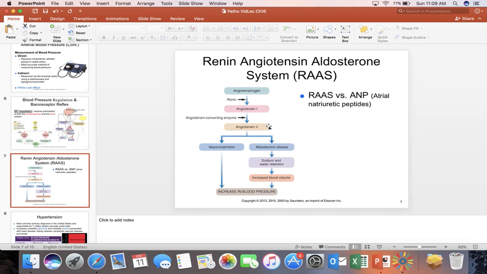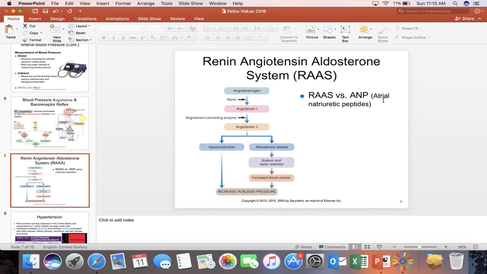The second function of angiotensin 2 is to release aldosterone. Aldosterone, as you know, would then cause a reabsorption of sodium back into our vasculature, and with sodium, water will then come along, and that increases blood volume, thus increasing blood pressure.